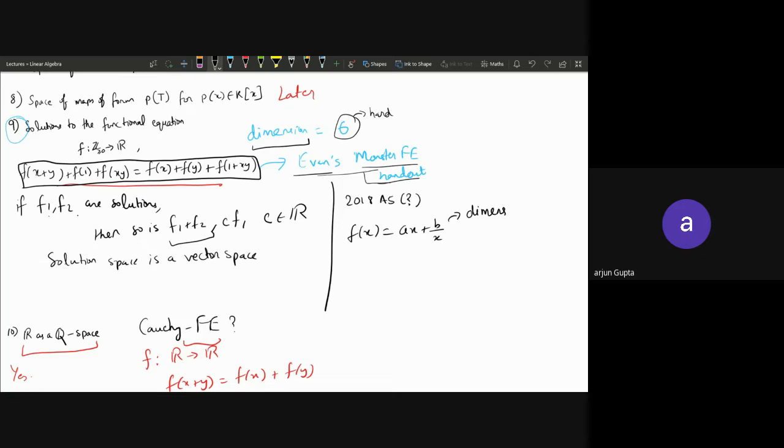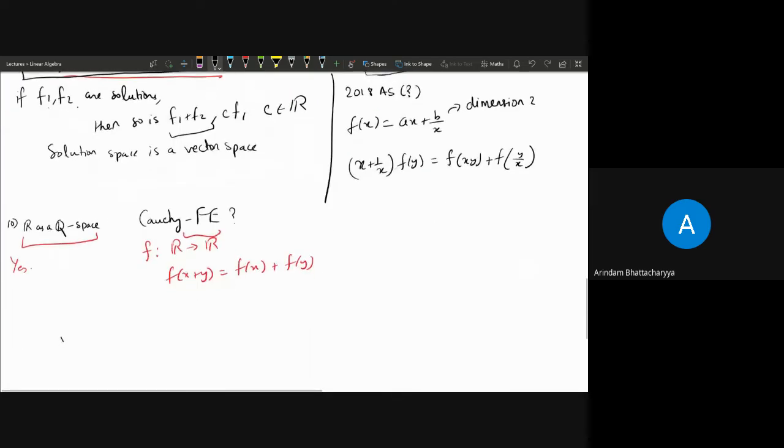It was (x plus 1 by x) times f(y) equals f(xy) plus f(y by x). I'll also type it in the chat, though it will not get LaTeXed.